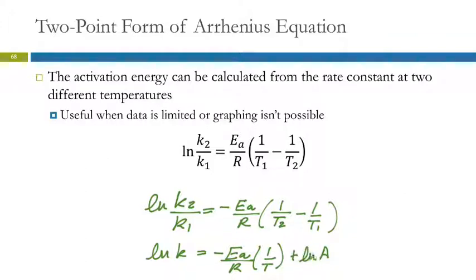And so that's how we get rid of natural log of A. Any questions about that? So this is the one I'll be using because that's the one I remember.